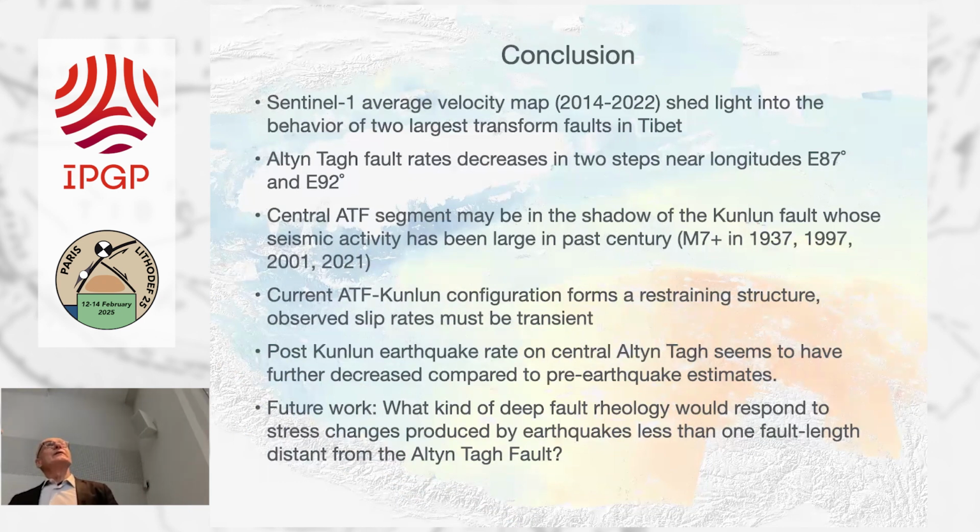The one in the east corresponds to the branching off of the thrust fault in the Qilian mountains, but the one to the west may be related to the stress shadow effect of the Kunlun fault, including its past seismicity. This cannot be permanent, because that would make topography develop between the 2 faults, and that's not what we observe in Tibet.